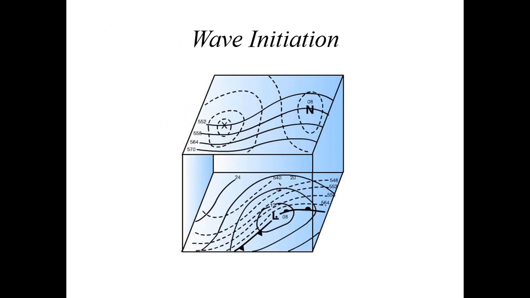Sometimes we refer to these areas of low pressure as waves. The atmosphere really simulates more of a wave, a fluid wave type structure. And this graphic is just showing you we have an area of surface low pressure, a 1,008 millibar low, central pressure, and to the northwest, basically stacking back, up at 18,000 feet or 500 millibars, there's an X. The X represents a vorticity maximum, values of vorticity, and an area of positive vorticity advection is out ahead of that shortwave trough in that vorticity maximum, and that's now kicking off the development of a wave of low pressure along the frontal boundary.